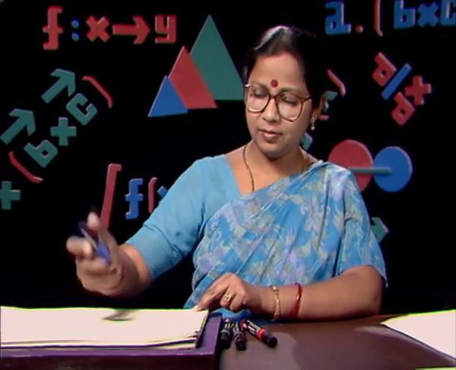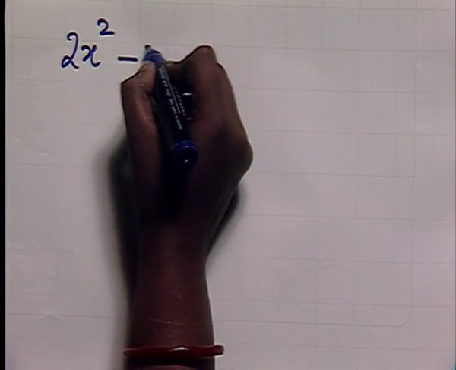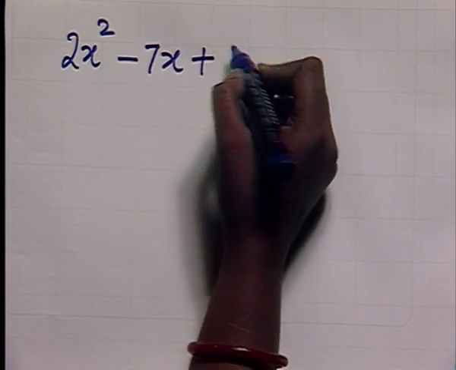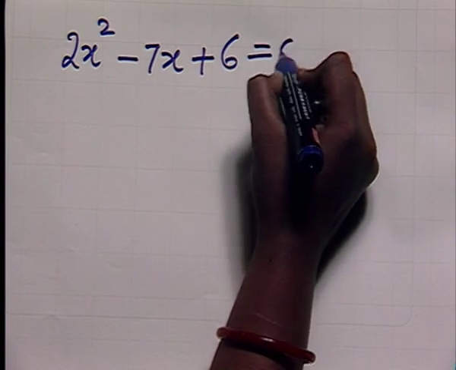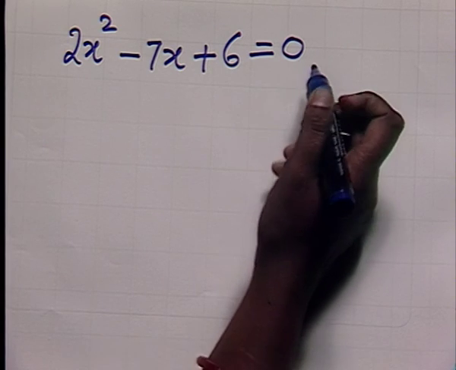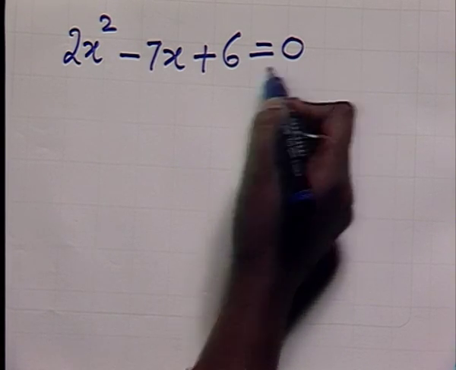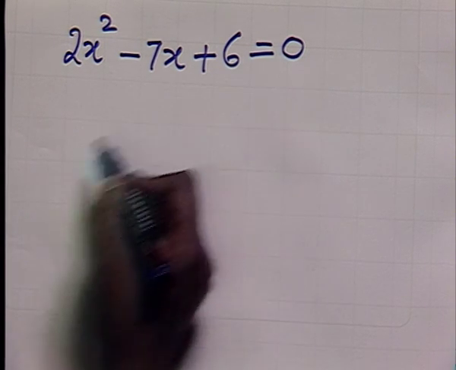For example, suppose we are given the equation 2x square minus 7x plus 6 equal to 0. Suppose we have to construct another equation whose roots are twice the roots of this given equation.